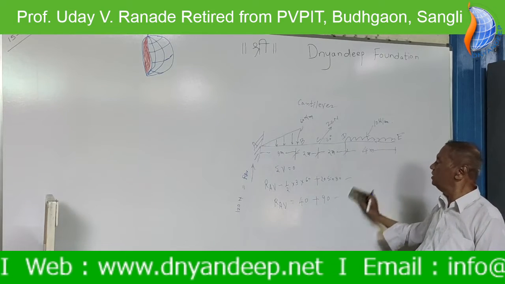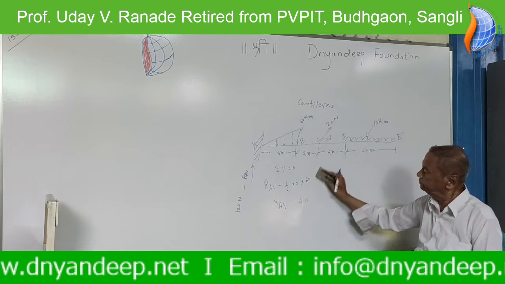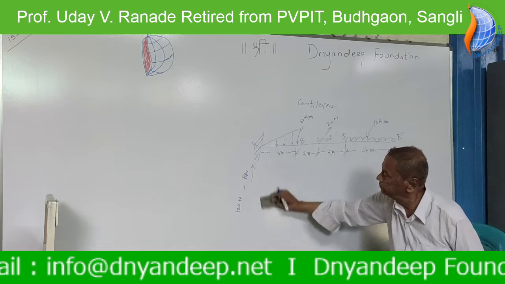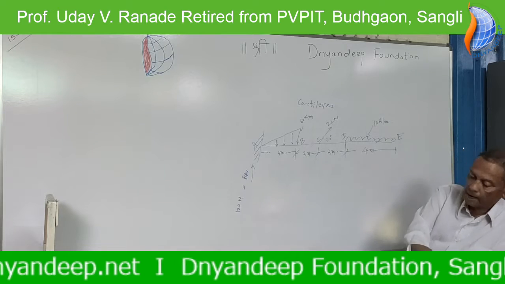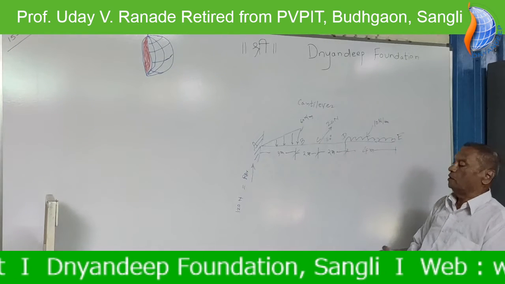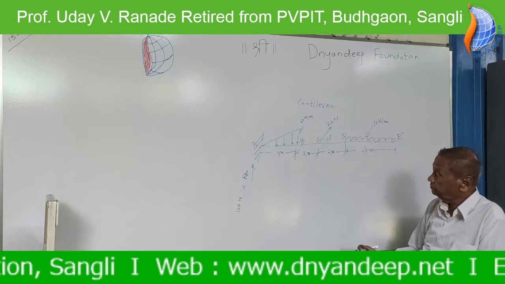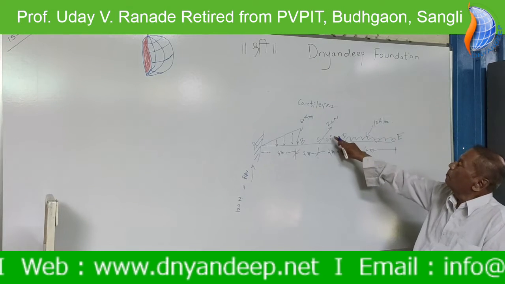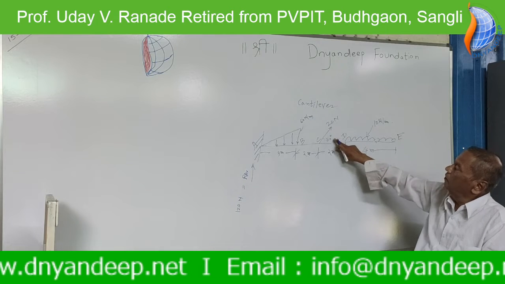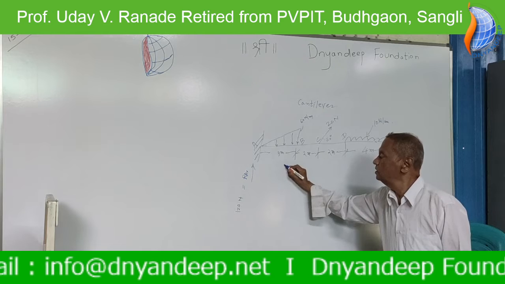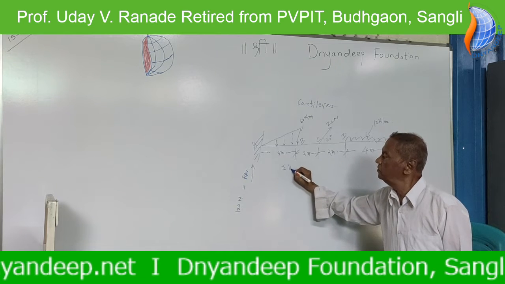This was sigma V equal to 0. Now similarly there is RA horizontal. Now component of 20 into cos 30, sigma H equal to 0.